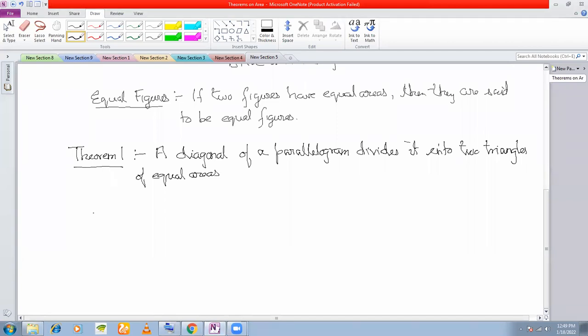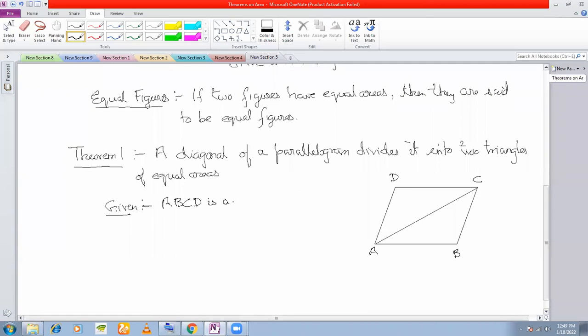So if I give you, let's see, draw a parallelogram, and you have a diagonal. So given is ABCD is a parallelogram with AC as one of its diagonals.